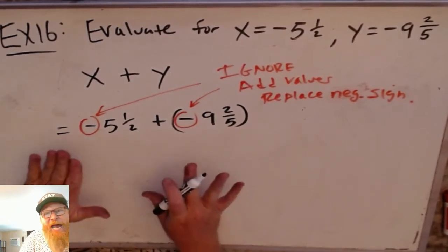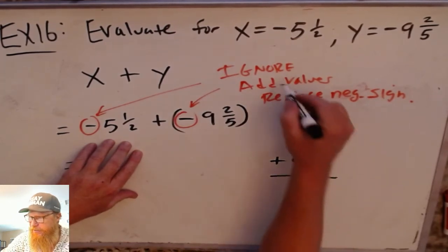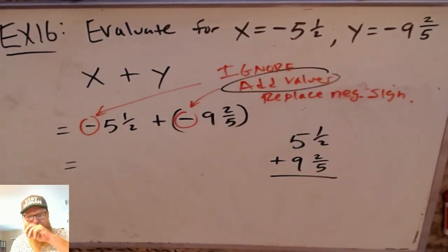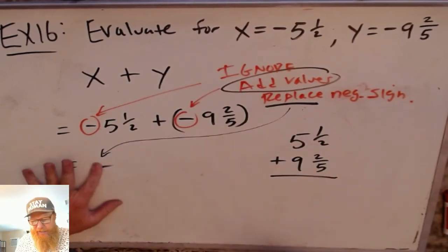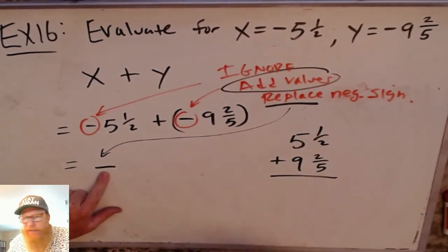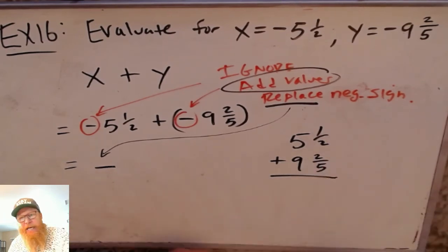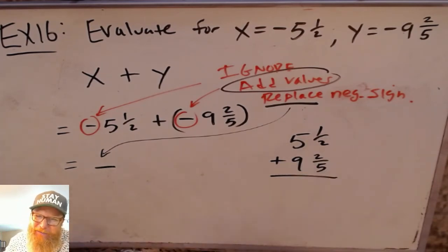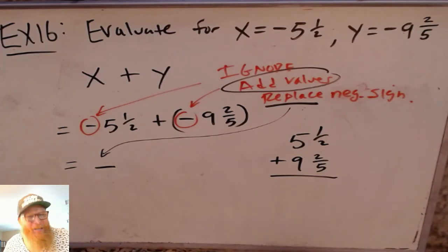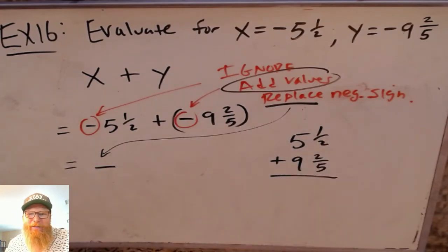Okay, so we're just going to add the numbers. 5.5 plus 9 2/5, and then we're going to replace the negative sign when we're done. If you're afraid you're going to forget it, put it there now, so that negative sign's just on deck. It'll be there when you're done. We need an LCD. A lot of these algebra problems, I intentionally make the fractions a little bit easier because I'm just trying to see if you understand the variable part, and I'm not really all that concerned about the numbers.